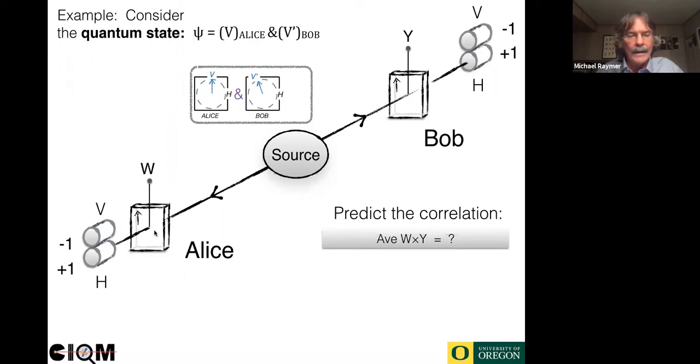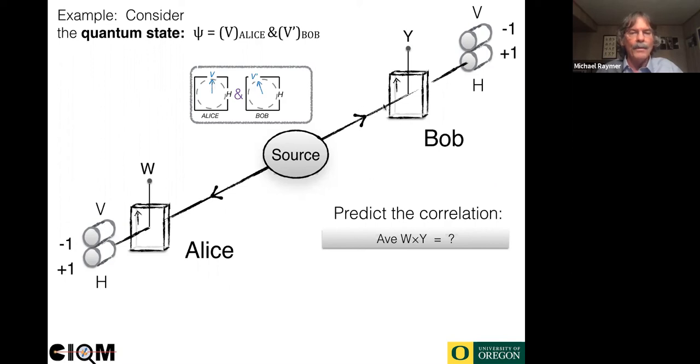So if you want to use the word eigenstate, which I have not used before, Alice's state is an eigenstate of this measurement scheme, because anytime this photon comes into here, it's always going to go to the -1 detector, because the state is V.